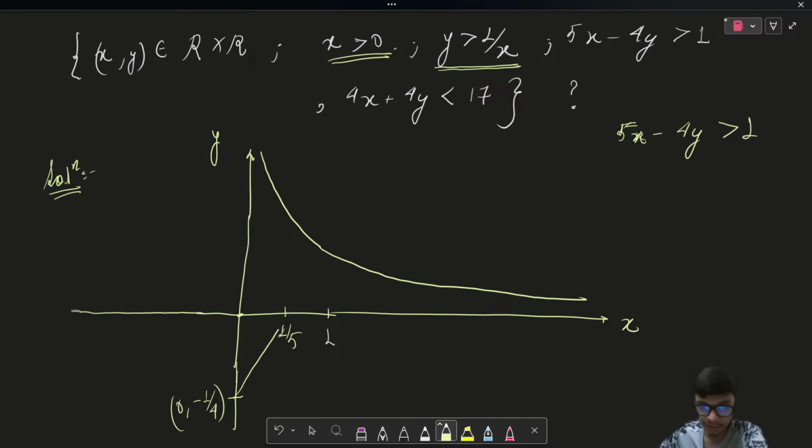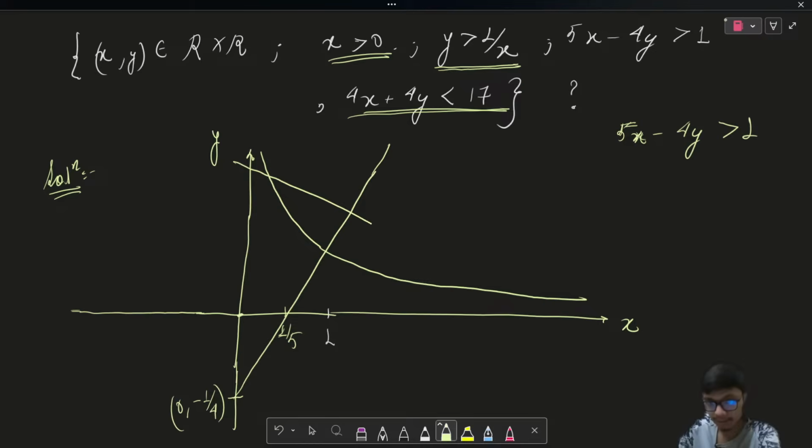So the straight line is something like this. Similarly, if I draw this other straight line, it has 4 upon 17 as both the x and y intercept, something like this. So this is the line over there, right?